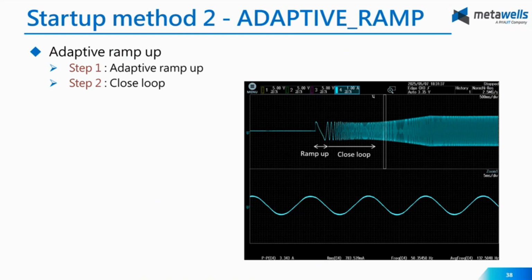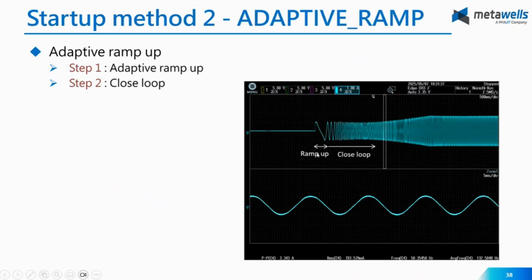Next, let's talk about the second startup method. The startup method is adaptive ramp. In this method, the adaptive ramp state has some advantages, like quickly transitioning into closed loop within just a few electrical cycles.